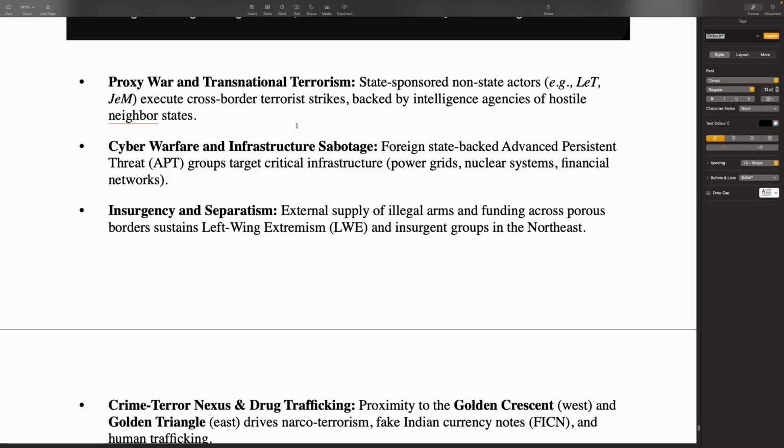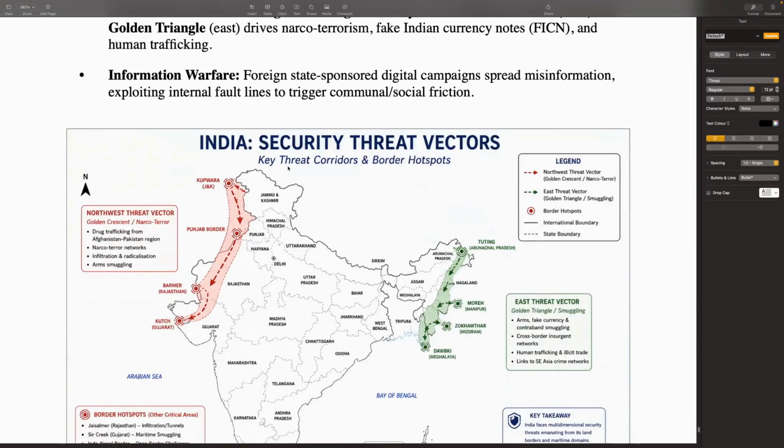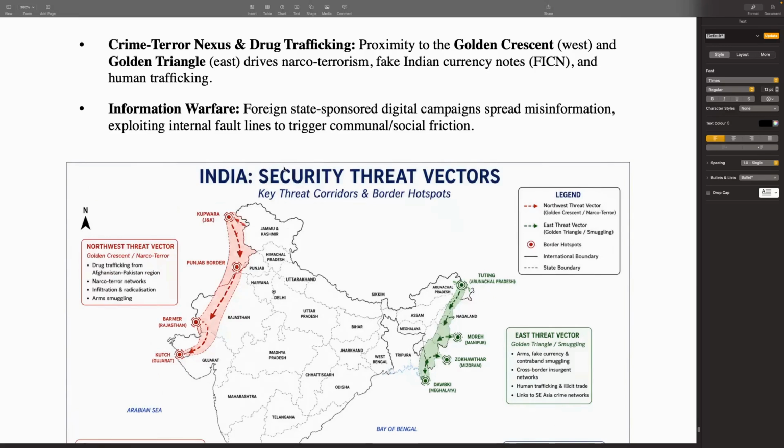External supply of illegal arms and funding across porous borders sustains left-wing extremism and insurgent groups in the northeast. Crime, terror nexus and drug trafficking. Proximity to the Golden Crescent, West, and Golden Triangle, East, drives narco-terrorism, fake Indian currency notes and human trafficking.